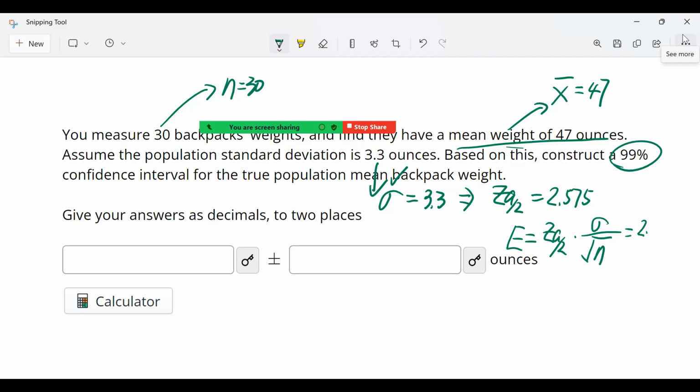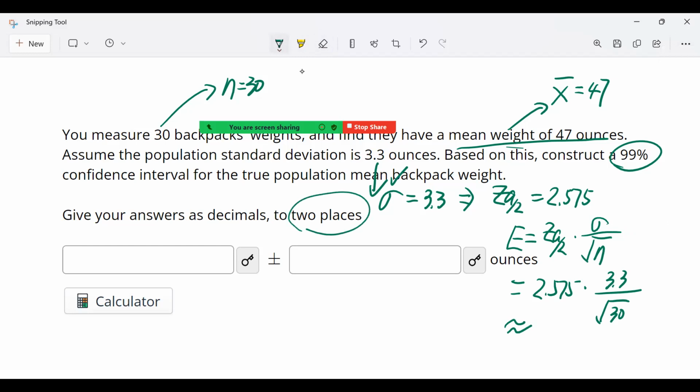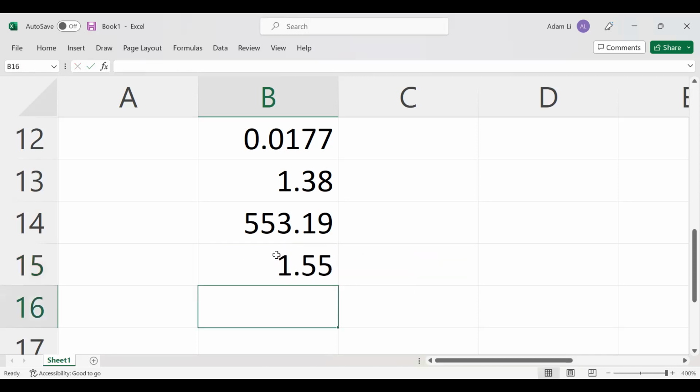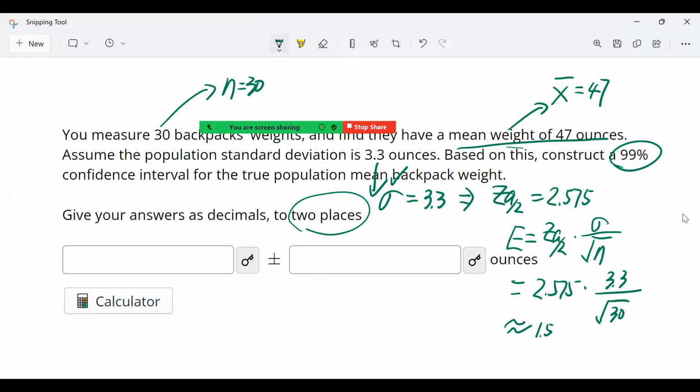So it's going to be 2.575 times 3.3 over square root of 30. Let's see what that is. Again, they want 2 decimal places. 2.575 times 3.3 over square root of 30 is 1.55. So the answer is 1.55.